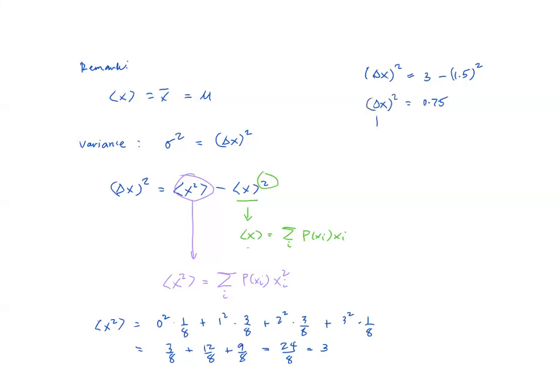Okay? Now, to get the standard deviation, or tawagin natin itong sigma squared, equal lang yan sa delta x squared. Standard deviation, kailangan lang natin kunin yung square root.